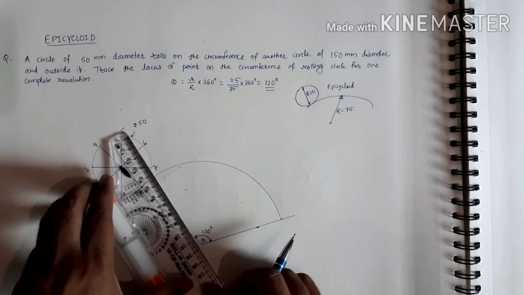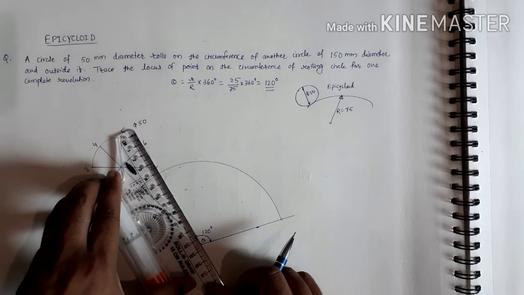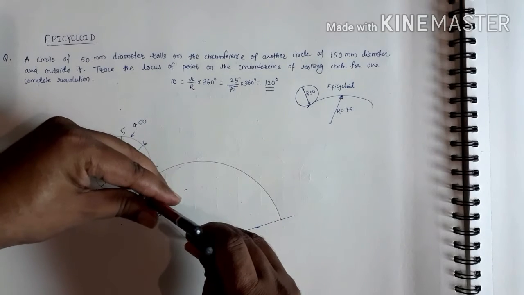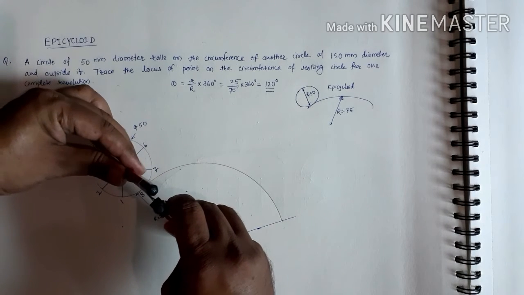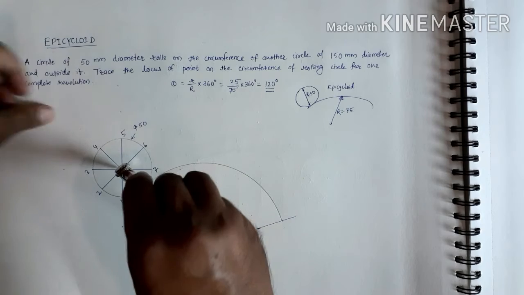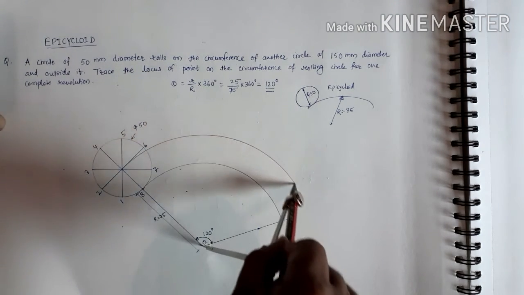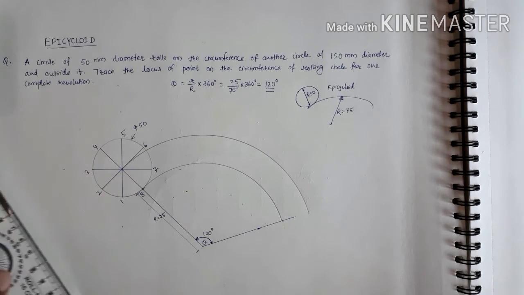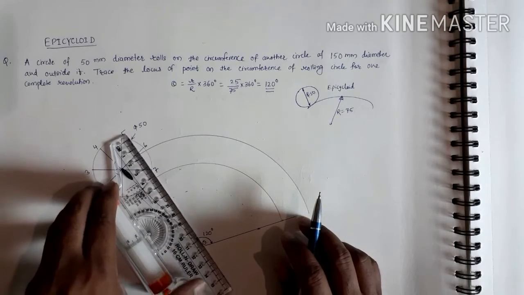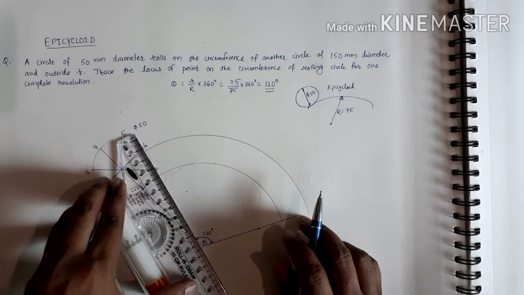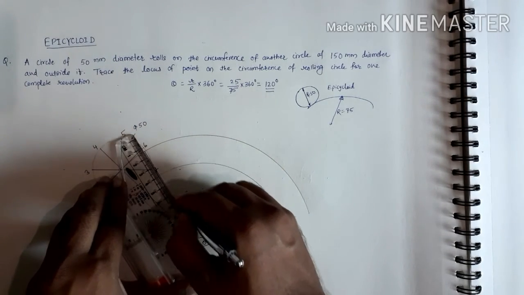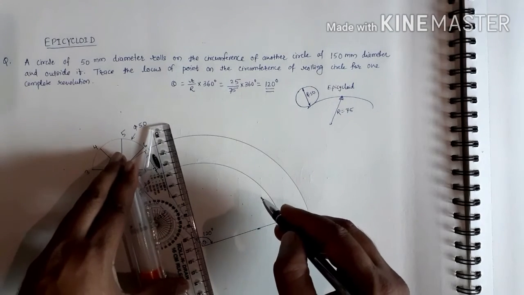Now first draw arc from the center of circle, up to the line. Now we have divided all 120 degree in 8 parts. Now join the lines up to the center arc.